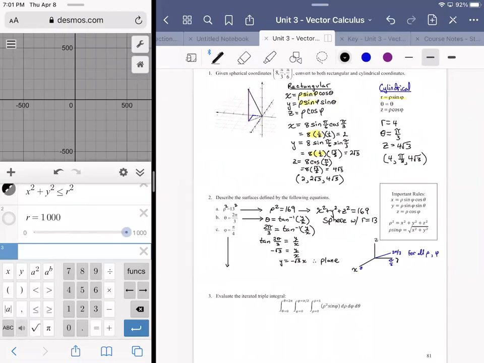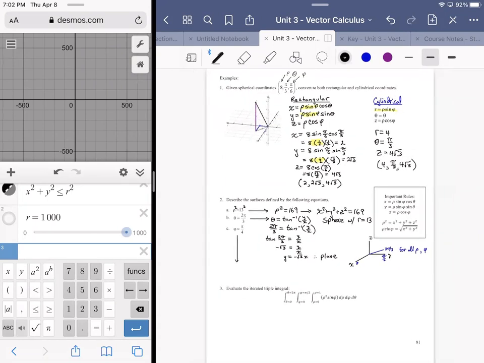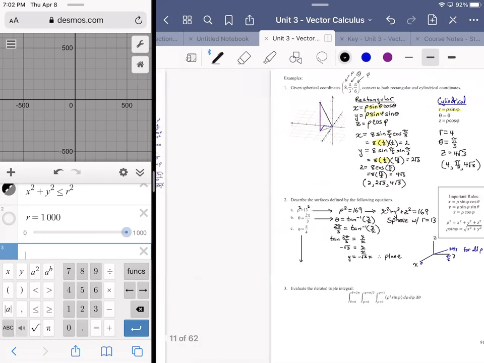Now, we have that relationship that allows us to incorporate phi into the calculations, converting us from spherical to rectangular and then spherical to cylindrical. But what about spherical directly to rectangular? I'm sorry, no, the other way around: rectangular to spherical.